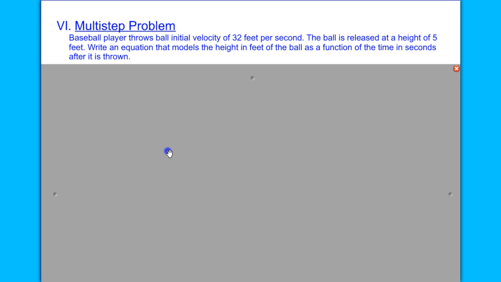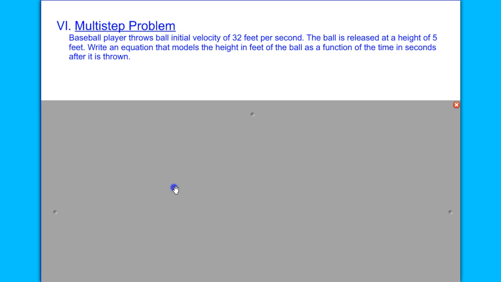You do not need to write this down, but there may be a question today that involves something that we've worked with before. Tell me, don't say it yet, but a baseball player throws a ball at an initial velocity of 32 feet per second. The ball is released at a height of 5 feet off the ground. Could you write the model for that scenario in a math equation?